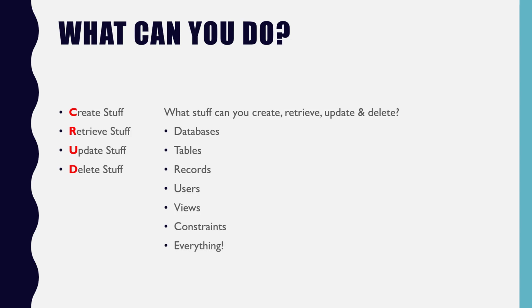Everything. Those 4 red letters, that is your life as a database person. That's all you do. It is a simple life. It has many intricate facets to it, but it is a simple life. You can create stuff or go get stuff, retrieve stuff, look at stuff, update stuff or delete stuff. That's pretty much all there is to it, and it applies to all of those things.